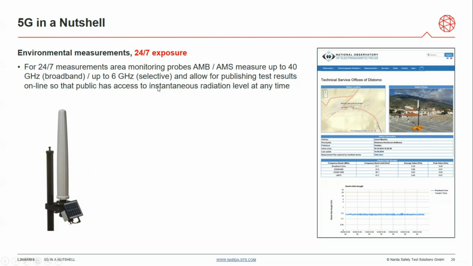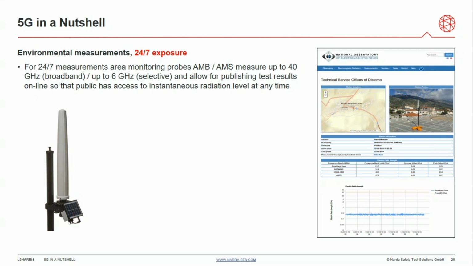But if you are interested in continuous 24/7 measurement, for that application we provide area monitor probes. We have two models: the broadband probe, the Area Monitor B, and the selective one, the Area Monitor S. Here we can again measure up to 40 gigahertz broadband. That is good if you want a complete assessment of all signals.